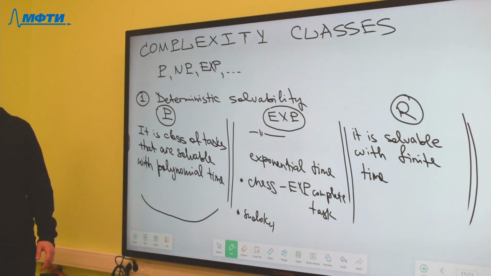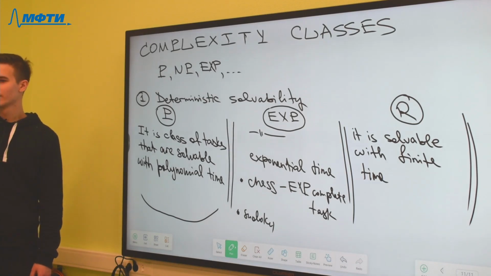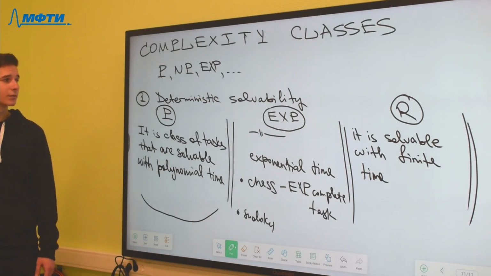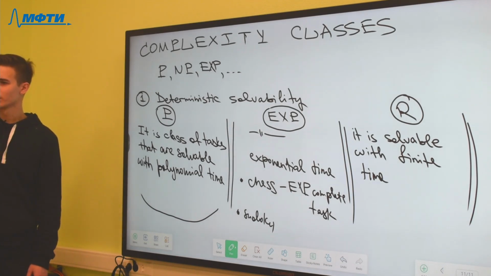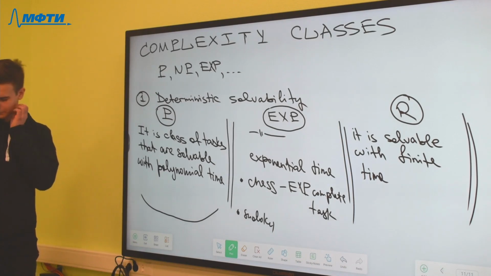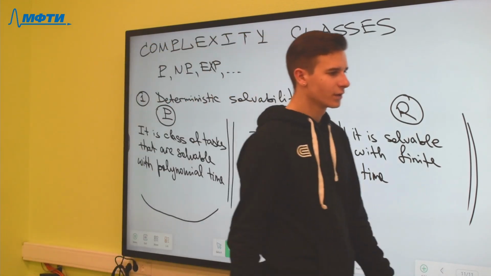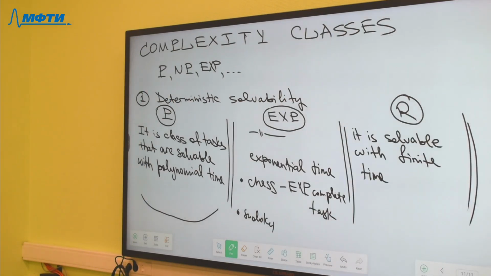And do you know some tasks that are not in R class? Did you face the universal Turing machine, for example? P versus NP. It connects with it, but there is some construction.